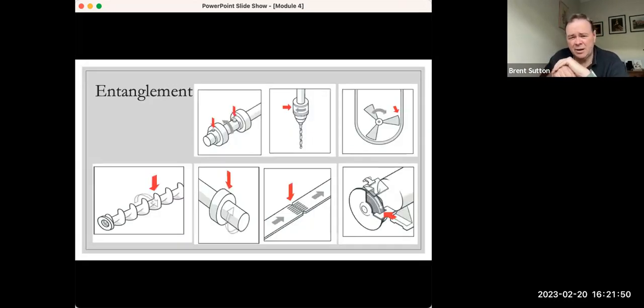When we think about entanglement, in this example, we have a series of shafts or augers, rotating heads. Typically with a shaft, what you're doing is basically a part of the clothing is being drawn in as it comes into contact. Here, the speed that that part operates at becomes an important part of that.